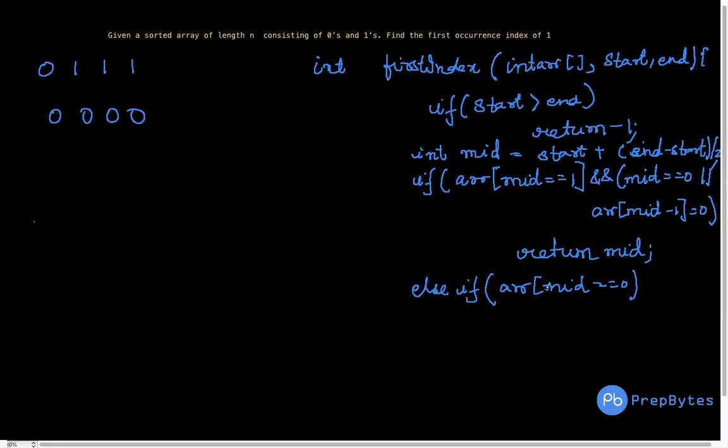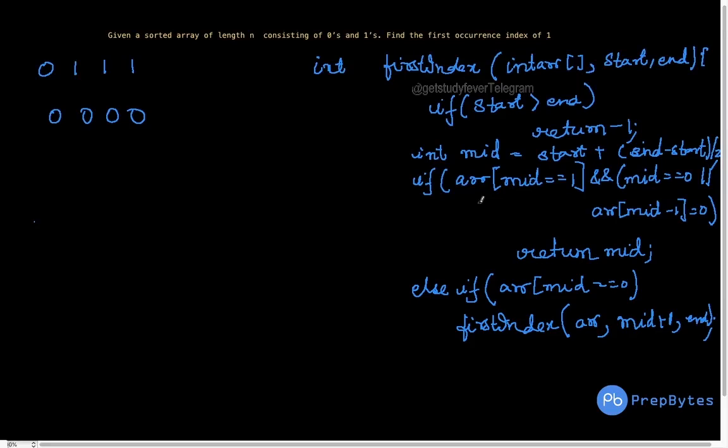That is our mid. Coming back, we check if arr of mid is equal to 0, which means that my first index of 1 is in the second half. So I'll simply call firstIndex again, passing the array and the start. In this case, the start will change: the start will become mid plus 1, and the end remains as it is.